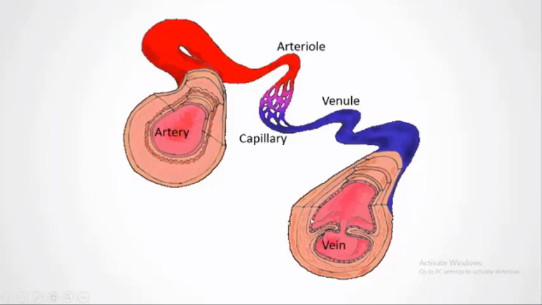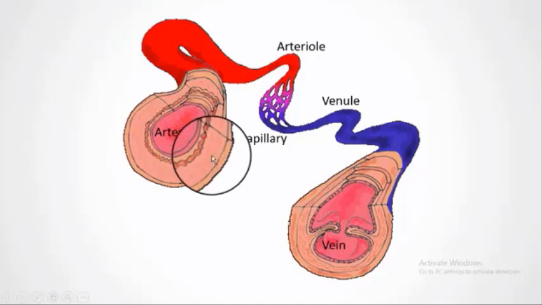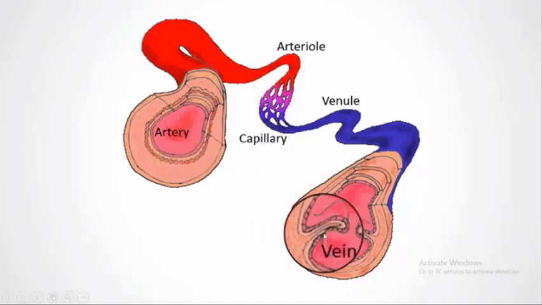It's obvious that these two blood vessels, artery and vein, in addition to the capillary, have different structures. If you examine the wall of each, you will see different structures.